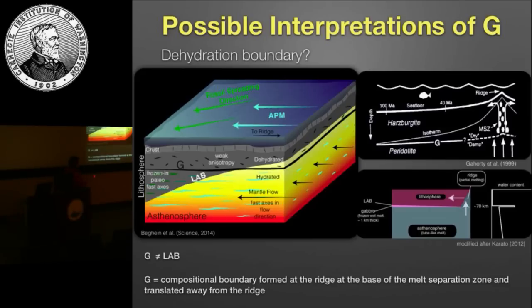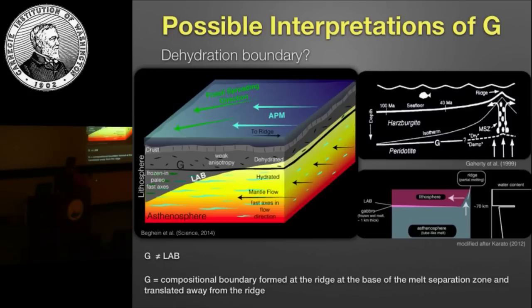And so if it's dehydrated and very viscous, the seismic anisotropy would probably be weak and not aligned with any specific feature in the mantle. Well, if the hydrated part of the mantle is more deformable, we would be able to align the crystals with the plate motion at the ridge, which would, as it gets older, become frozen in the paleo-spreading direction.